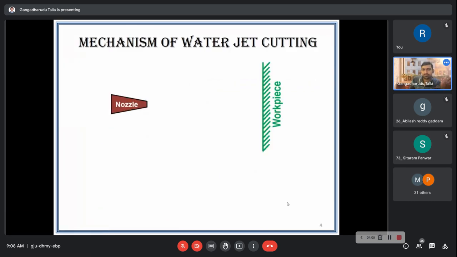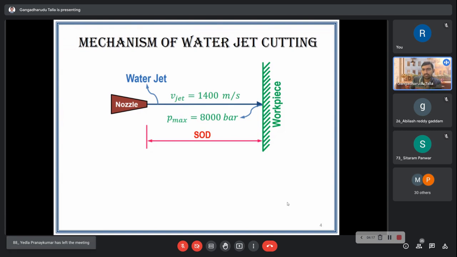So the mechanism: mainly you have a nozzle, and you have the workpiece shown in green color there, and the SOD, stand-off distance. The water jet is coming and hitting the workpiece. You can see the range of velocity and pressure. Pressure is in the order of some 8,000 bar, and velocity is about some 1400 meter per second.